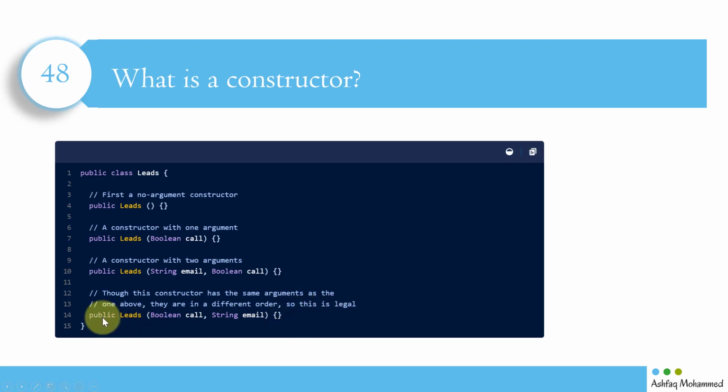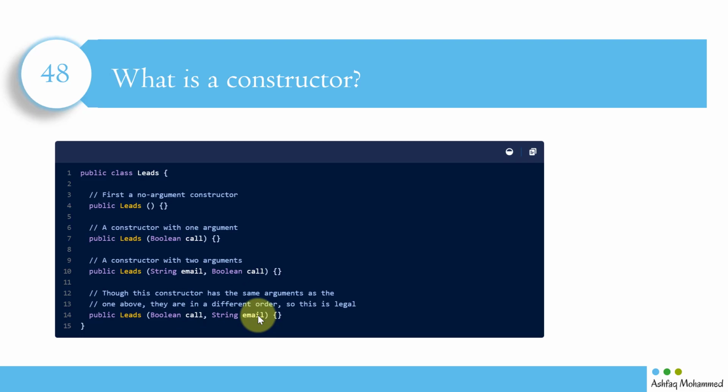This one is public lead, Boolean call and string email. Even though these two are the same, the order of the parameters is different. Here first is email and second is call. Here first is call and second is email, which is also fine, also legal. So there are many ways you can create a constructor.